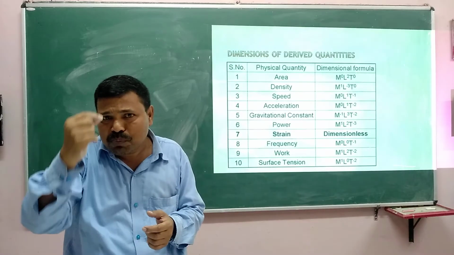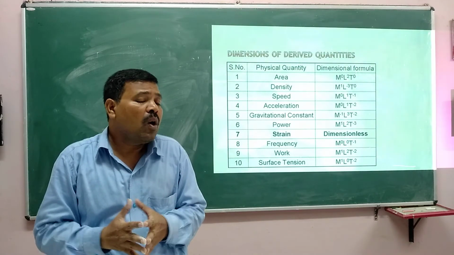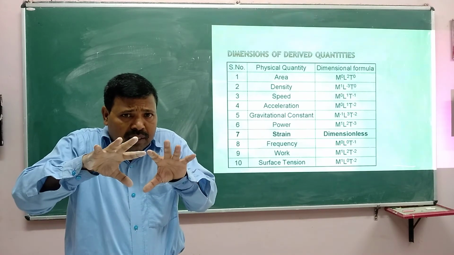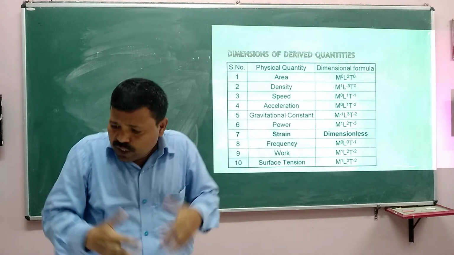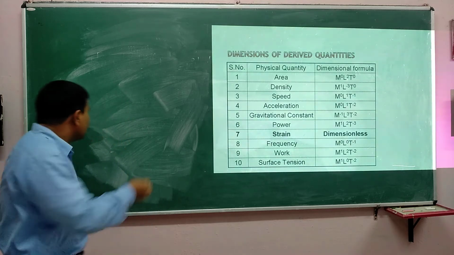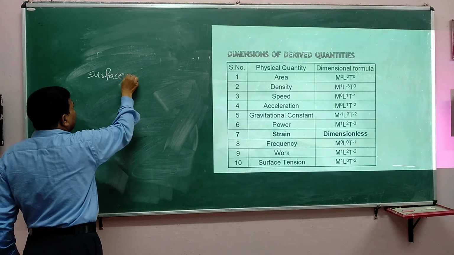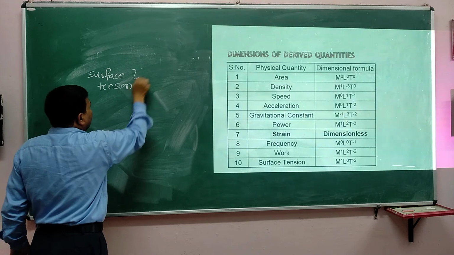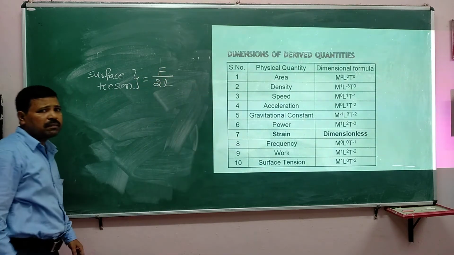So force per unit length is known as surface tension. Or in other words, the minimum area occupied by the surface is also called surface tension. Surface tension is equal to force per unit length.